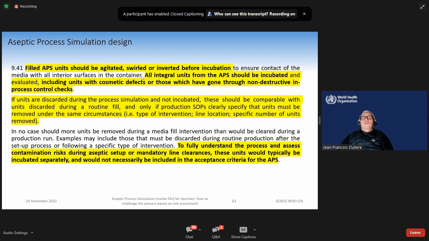Once APS is carried out, the units should be agitated, swirled, inverted before incubation. All integral units from the APS should be incubated and evaluated. Include units with cosmetic defects and those which have gone through non-destructive in-process control checks.